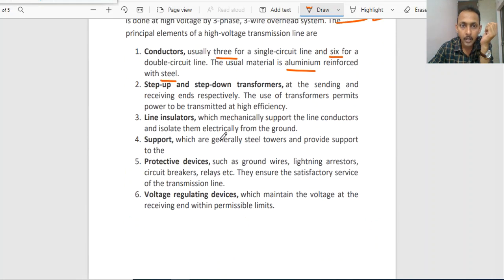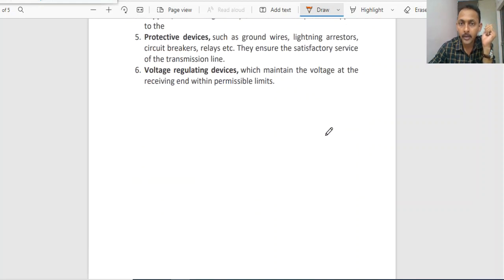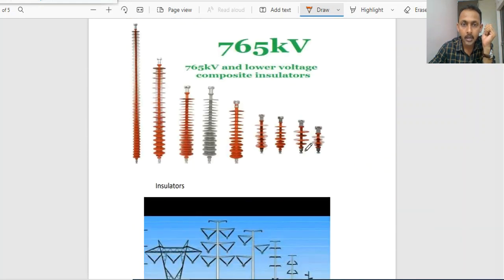Next one is the line insulators. These electrical conductors are to be supported with the help of insulators. They act like a support for the conductors, and the conductors get isolated from the ground with the help of these line insulators, which are made mostly of porcelain. Here these are the insulators.